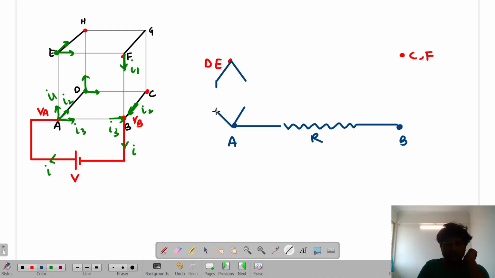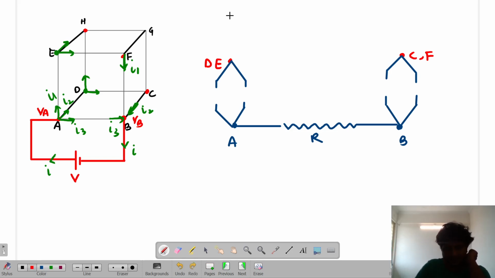And C and F, D is connected with two points at C and F. Got it. Next, D is connected with H, and E is also connected with H, isn't it? So H is my common point.